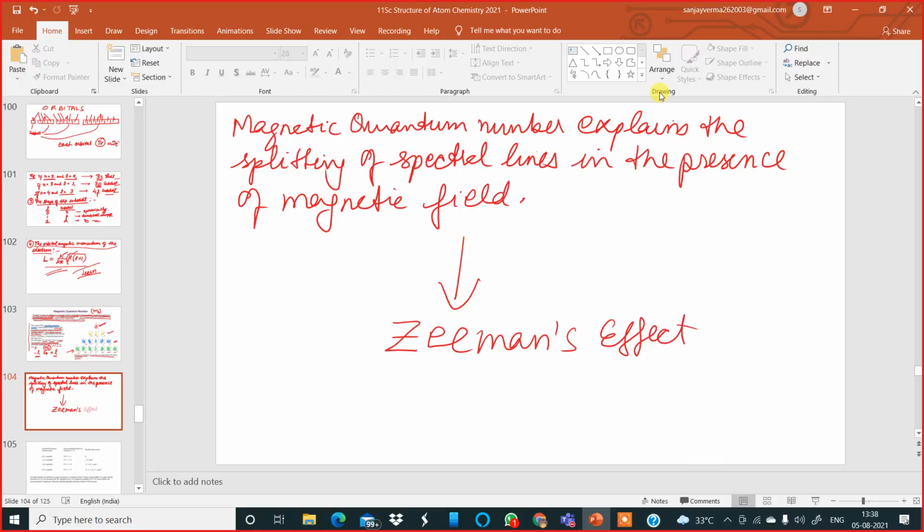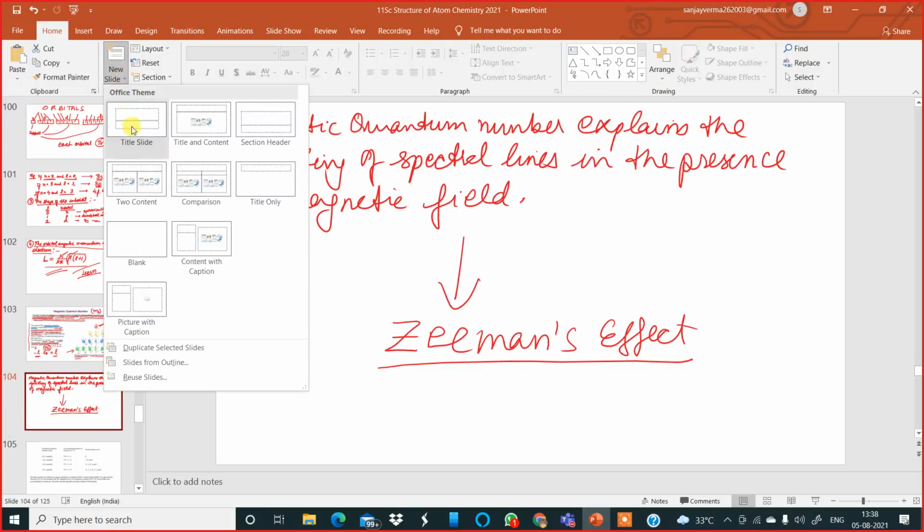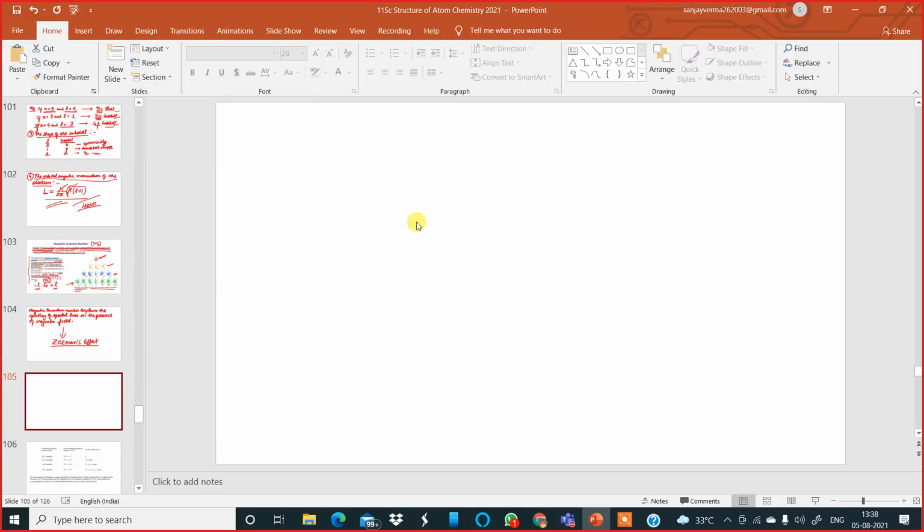Now, to explain this Zeeman effect, I will use one more slide to explain the permissible combinations for the principal, azimuthal, and magnetic quantum numbers in my next slide. Just have some patience. I'll introduce a slide over here and draw a tabular diagram.